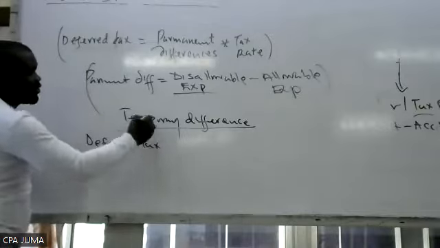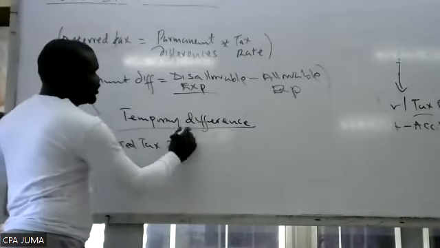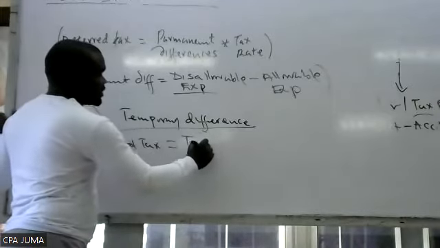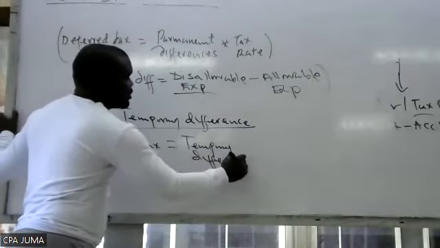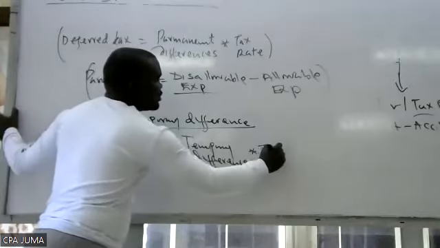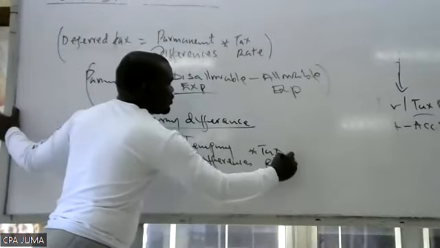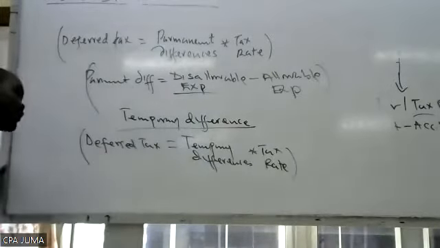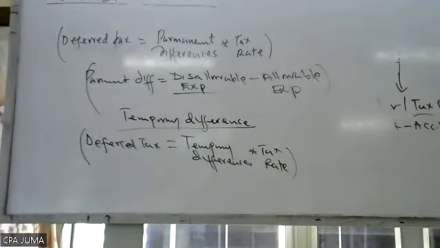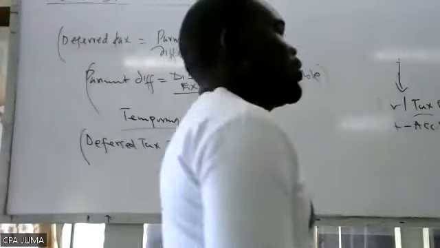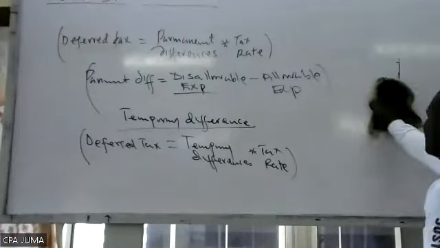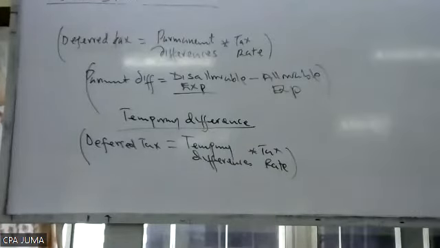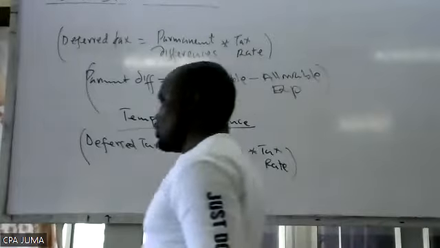So you're using this method, then deferred tax is equals to temporary differences times what? Tax rates.